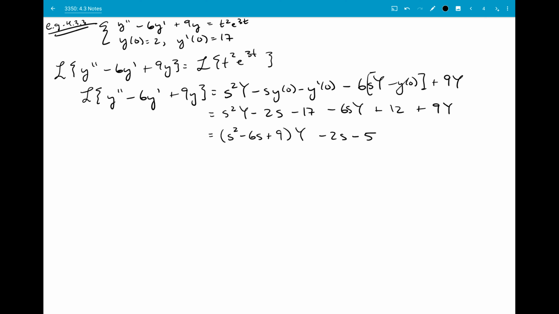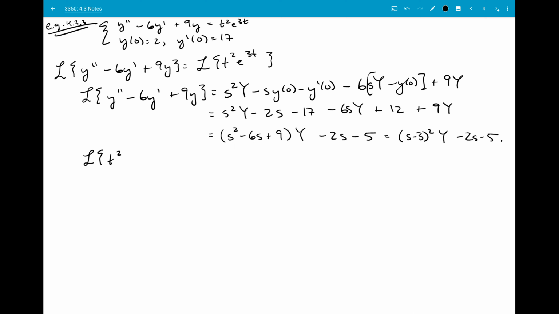We can also note that s squared minus 6s plus 9 is just s minus 3 squared, times Y minus 2s minus 5. All of that is review from last week, and I went through it quickly because this problem is going to be long.